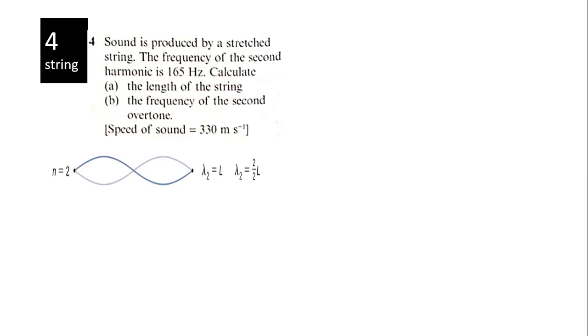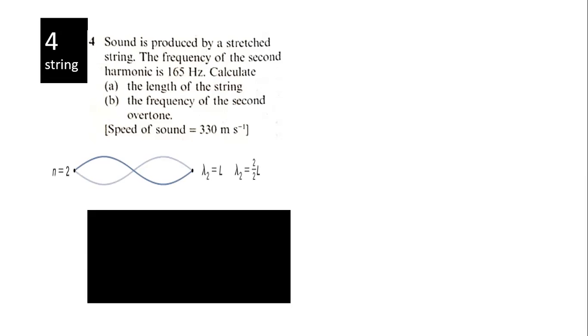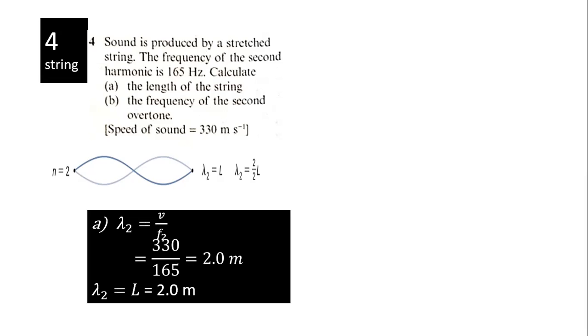So the wavelength lambda 2 is equal to L. Lambda 2 is equal to speed over F2. The speed is given, so calculate your lambda 2. You want the length, so L equals lambda 2 equals 2 meter.